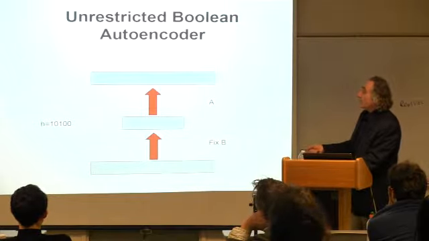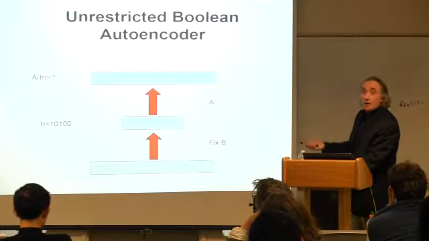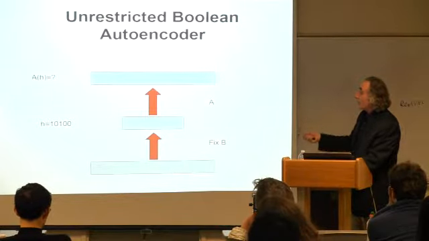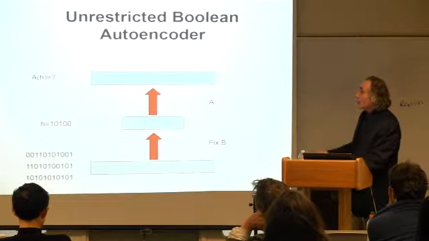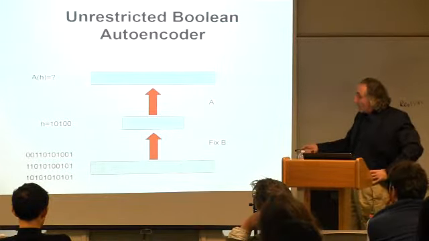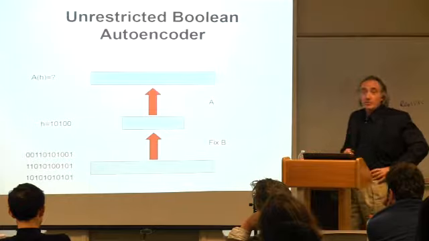So that means that I give you a hidden vector here, and you have to tell me what should be the output. That's what it means to determine A, and it can be any Boolean function. So we need to find the target of this vector. To do that, I look at the predecessors. I look at the binary vectors in the input that are mapped onto this vector from the function B.